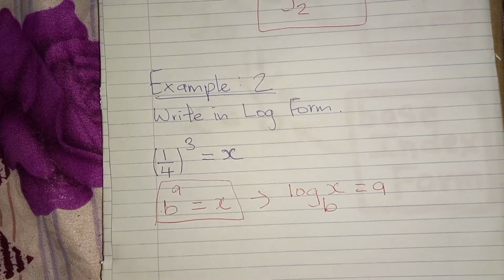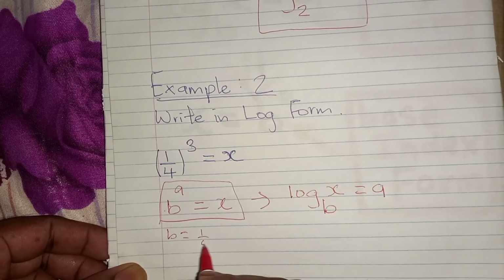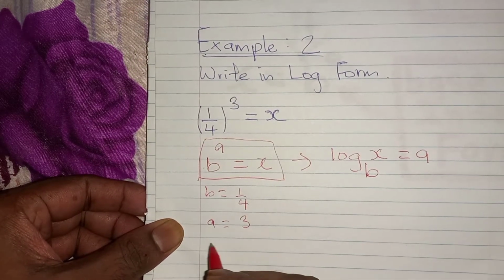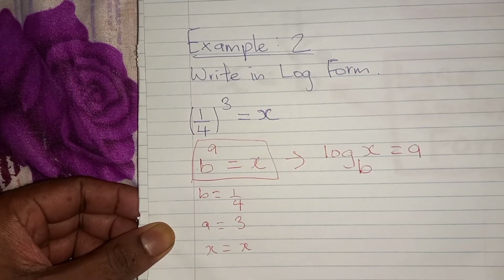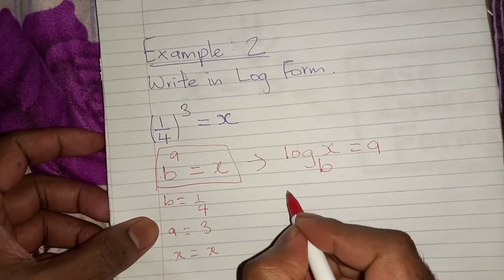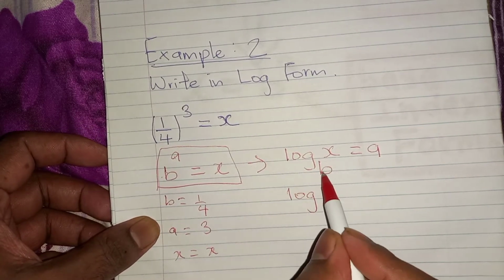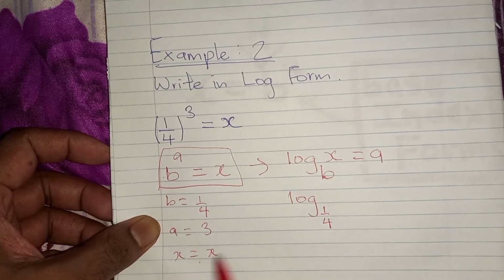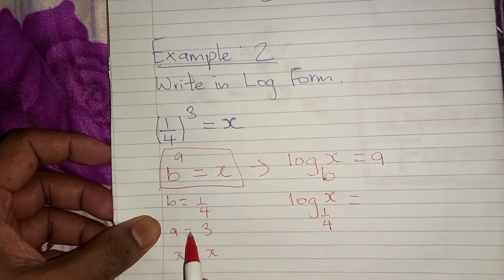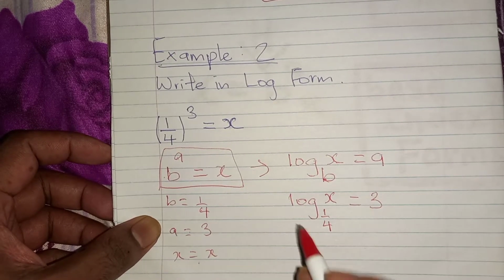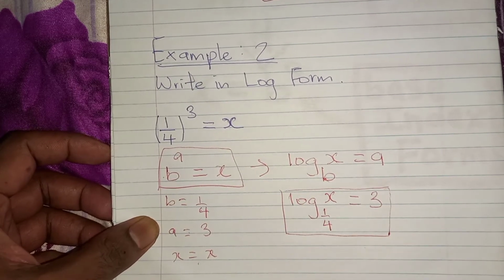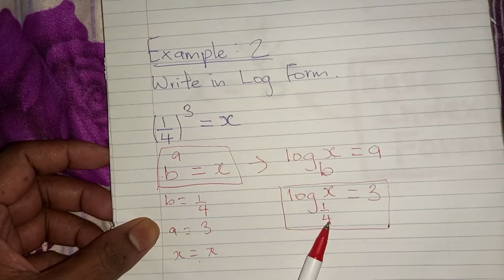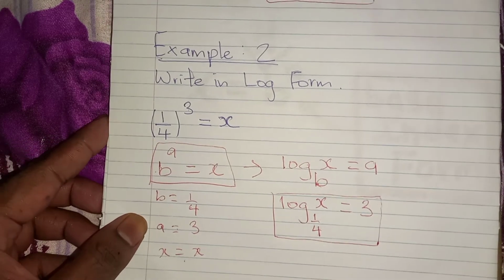So let's list down: our b here is quarter, our a here is 3, and x is x. So in log form, this will be log base quarter of x, and the value of a is 3. So there you have written in log form. You are given in base index form, and you came to log form.